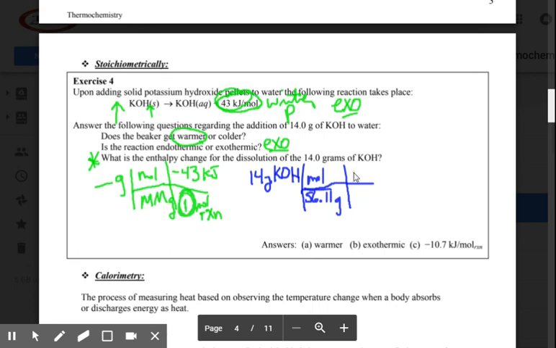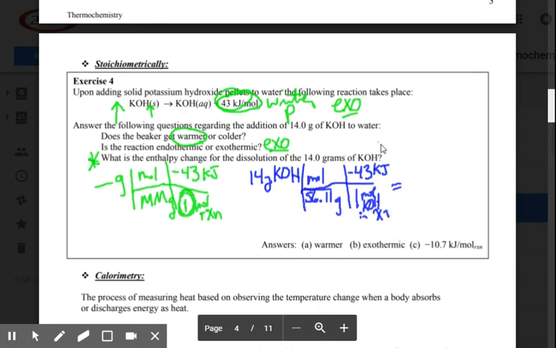Now for my next stitch, I'm going to plug in negative 43 kilojoules because it's exothermic for 1 mole of KOH in my reaction. Now it's just a matter of working through the math.